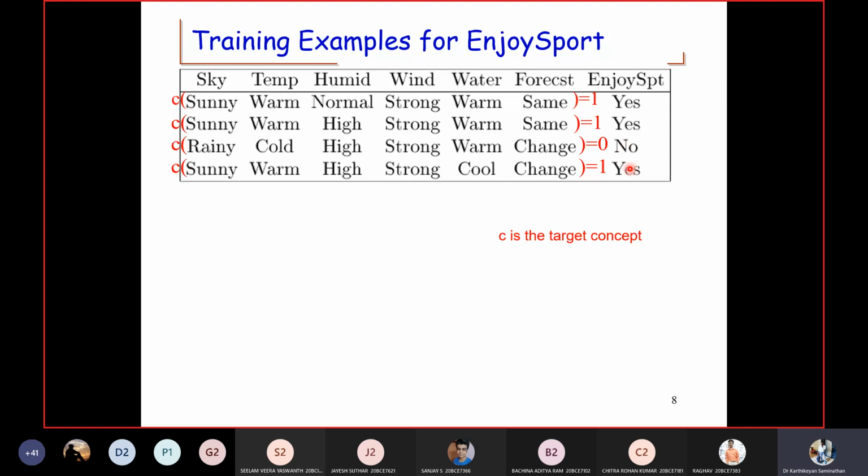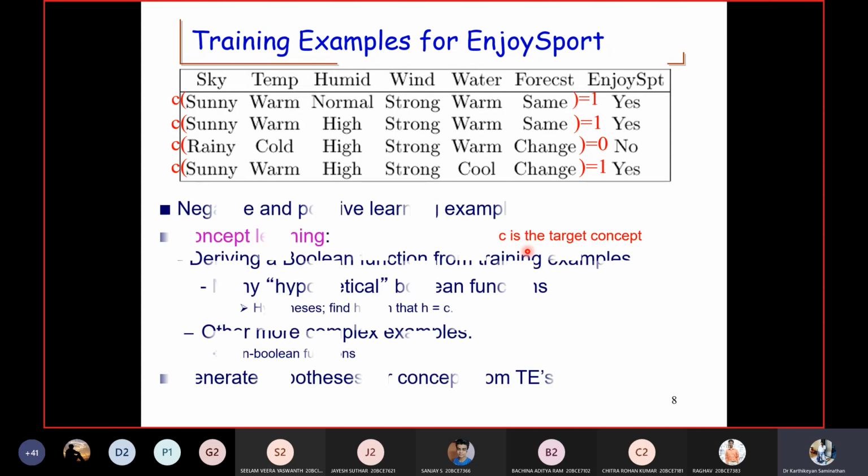The fourth one is again yes, a positive test case. We will take this training example for the enjoy sports problem, and by solving it we can easily predict whether the person is likely to enjoy water sports or not.